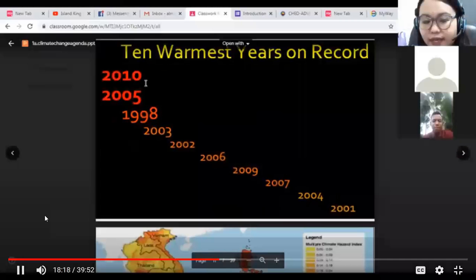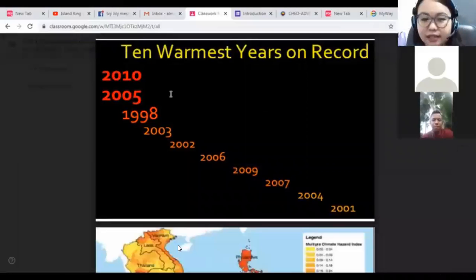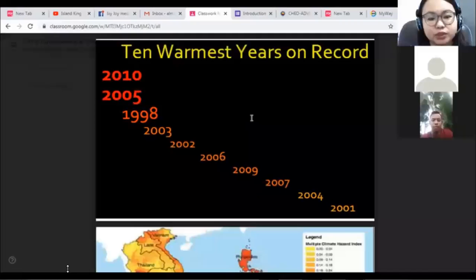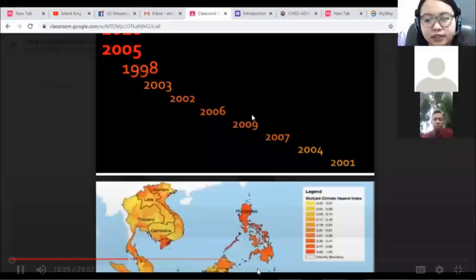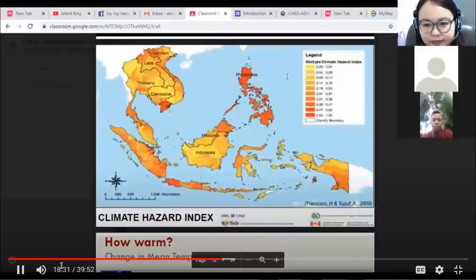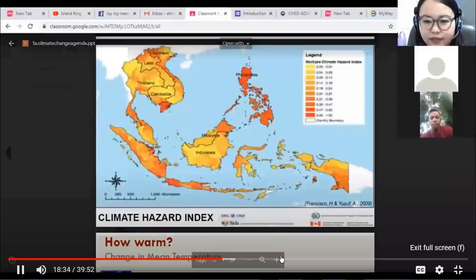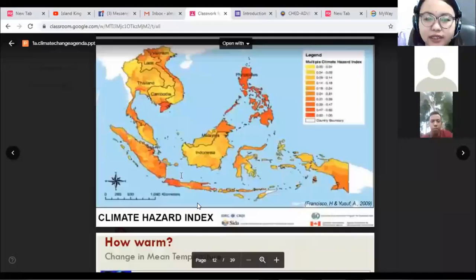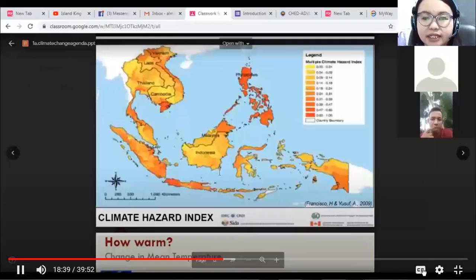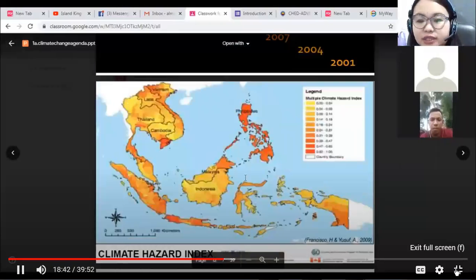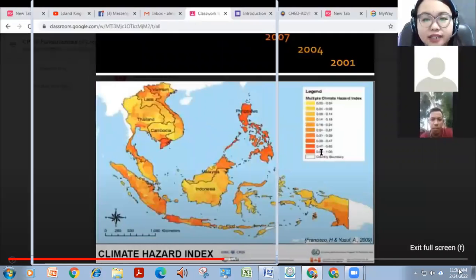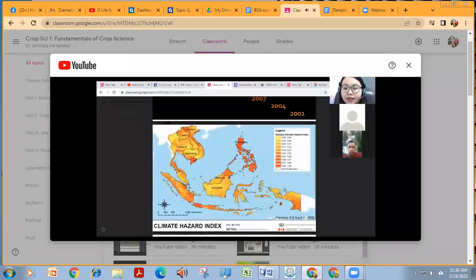2005 and 2010 have the highest temperatures so far. You can see here by the legends, and in the Philippines, these are called the climate hazard index. Among other countries, the Philippines has the highest hazard index because of the rising temperature.